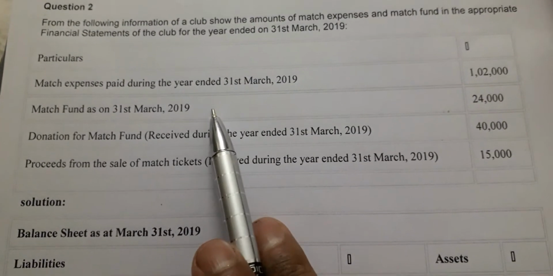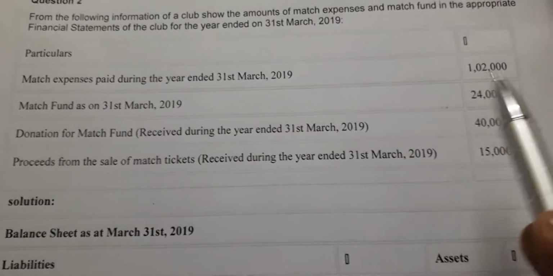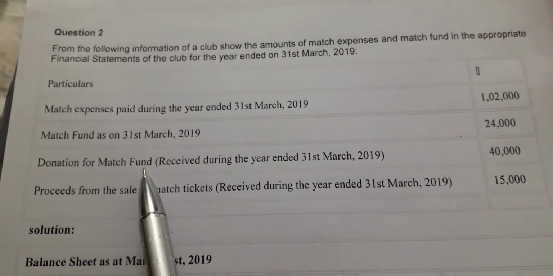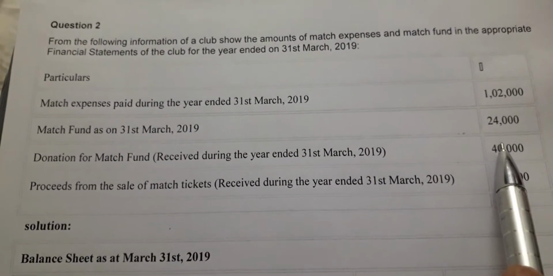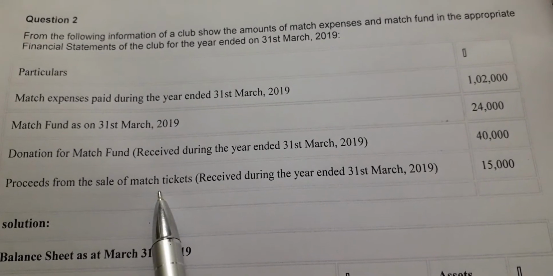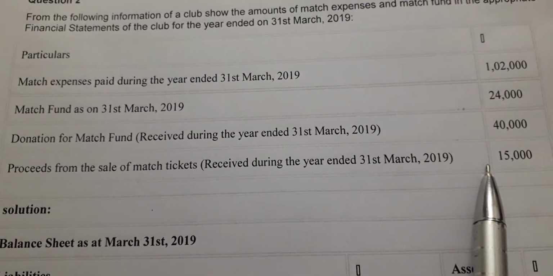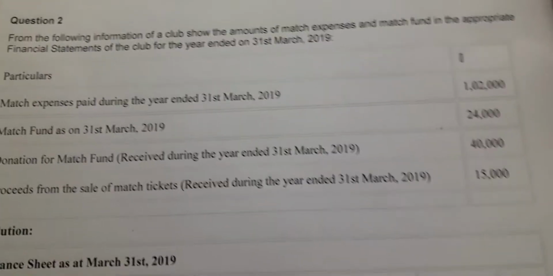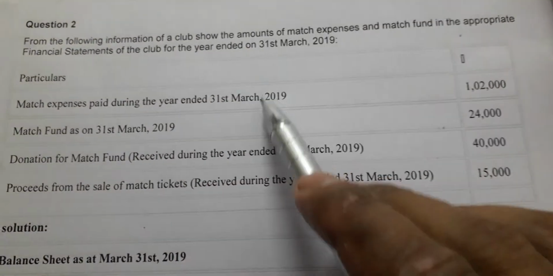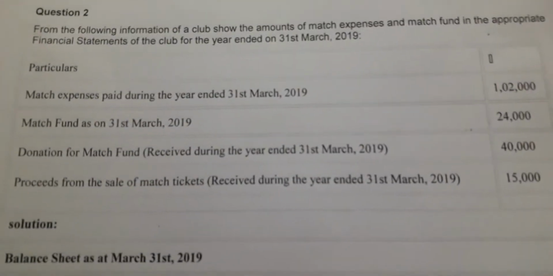Match fund on 31st March 2019 24,000. Then donation for match fund 40,000, and proceeds from sale of match tickets 15,000. We have to decide the appropriate financial statement where these items will be adjusted.